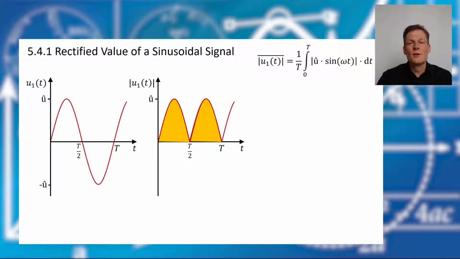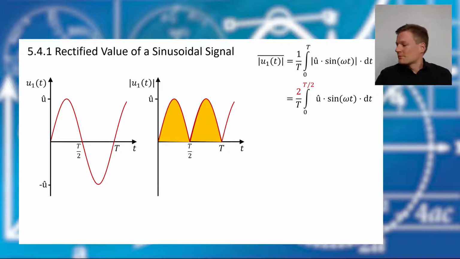And that means we can just integrate over a half period and we multiply that result with a 2. And the good thing is, in the first half wave, this is just a sine function. And therefore, now we have an ordinary integral and nothing with the absolute value function in it.